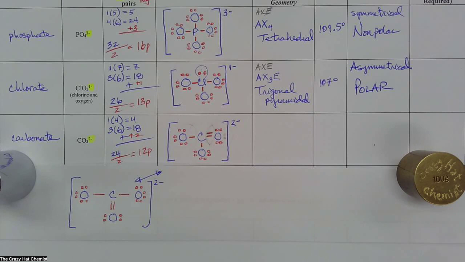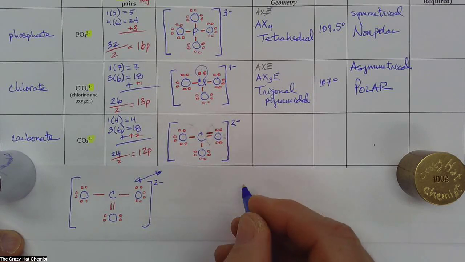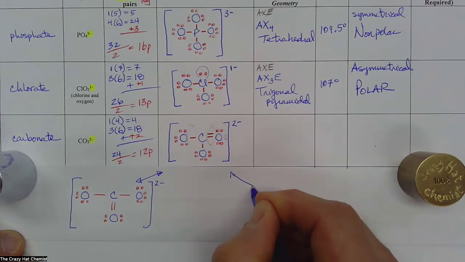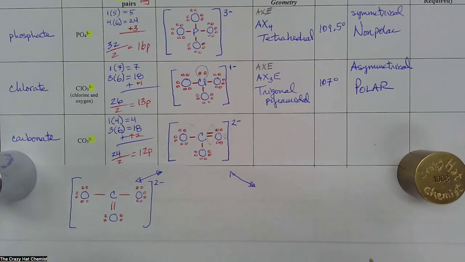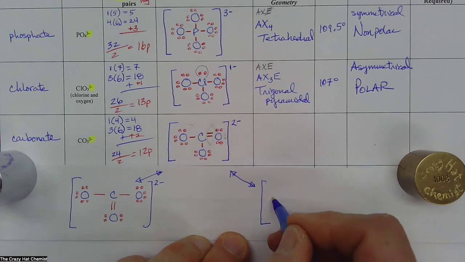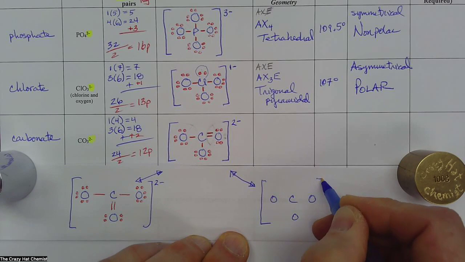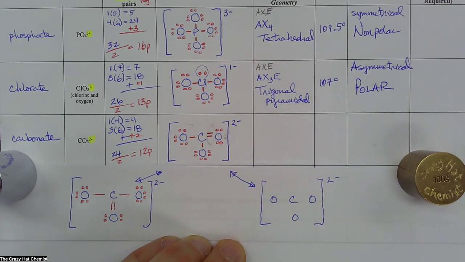Well, Crazy Hat, why did you choose that 6 o'clock position? I don't know. So could you have chosen the 9 o'clock position? That is correct as well. So I'm going to draw another set of double-headed arrows here, and we are going to have brackets on this one as well. I'm going to place these atoms in the same orientation, same charge on the outside.